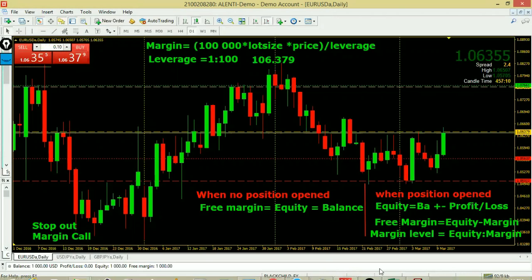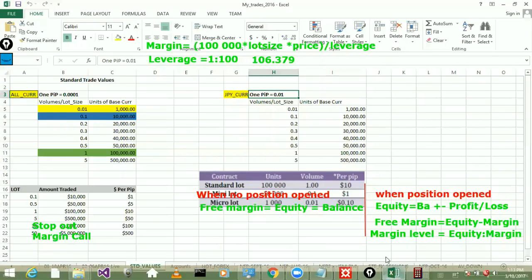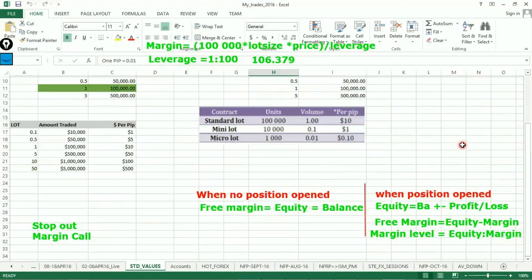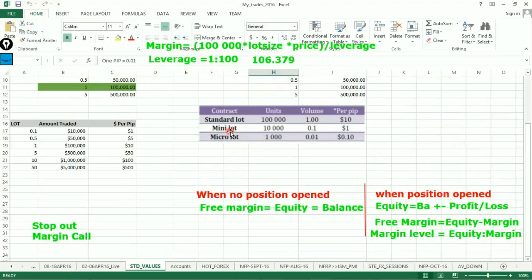And we go back to our table, which I demonstrated to you. Remember, we said that for a mini lot, which is 10,000 units, which is 0.1 lot size, the value of each pip movement is $1.